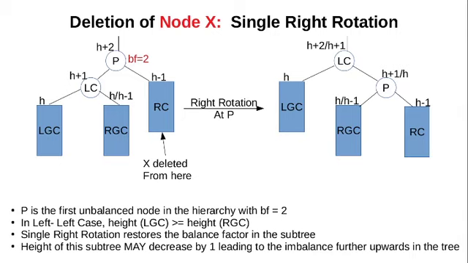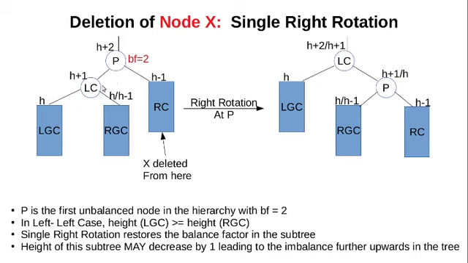Assume that node X has been deleted from the subtree of RC and its height has shrunk. When we walk upwards in the tree starting from the parent of the physically deleted node, P is the first node which is unbalanced in the tree and its balance factor is +2.